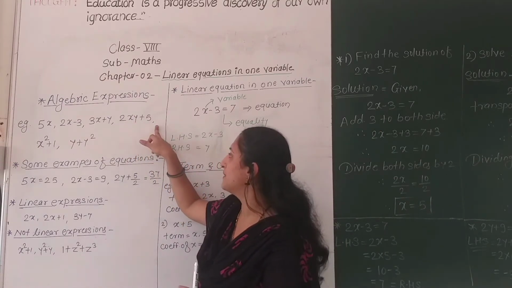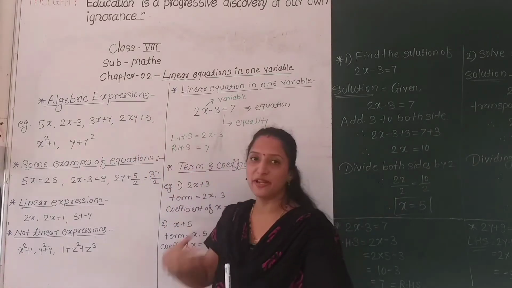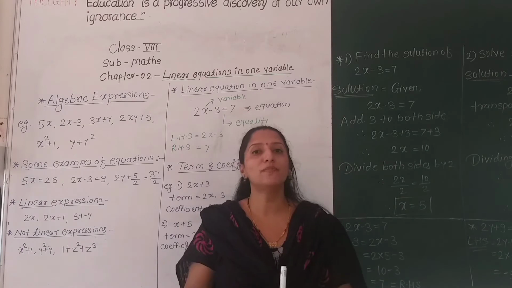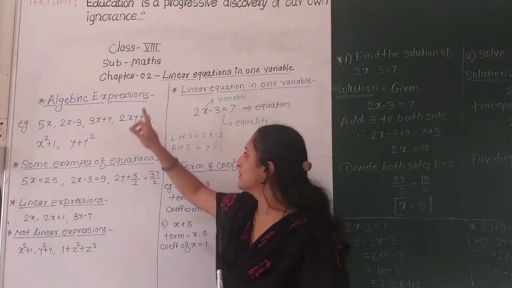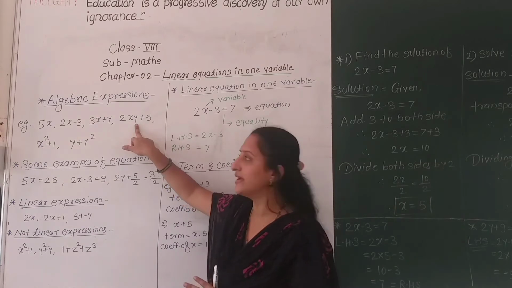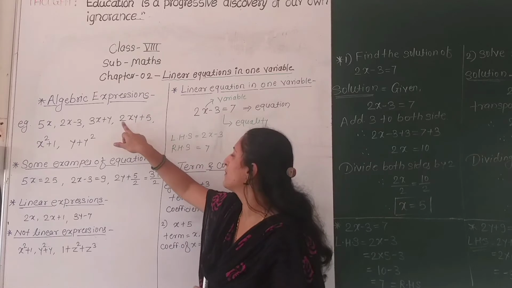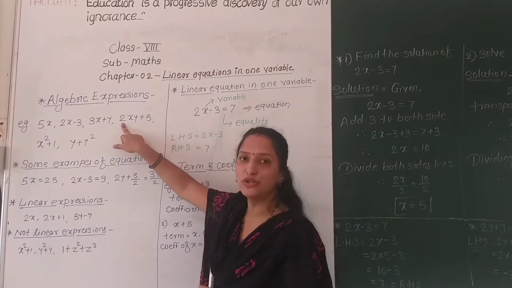Now 2xy plus 5. What does this algebraic expression say? In an algebraic expression, there can be one or more variables. In this expression, x and y, two variables are used, so the coefficient of xy is 2.